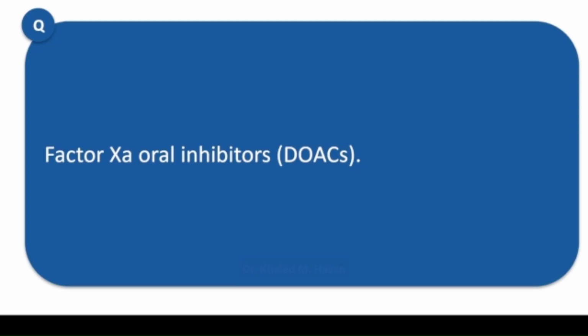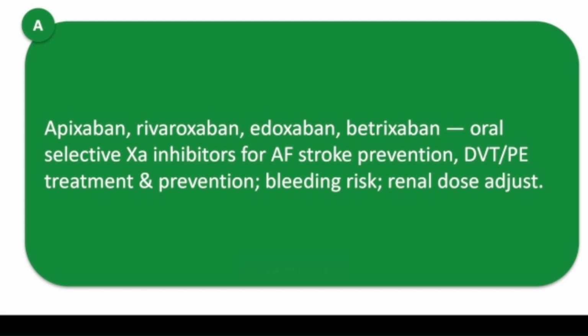Okay, we have a new oral medication introduced to the market a few years ago: the factor 10A oral inhibitors, oral anticoagulant medications. As you can see here, we have Apixaban, Rivaroxaban, Edoxaban, Betrixaban, and the Xabans.